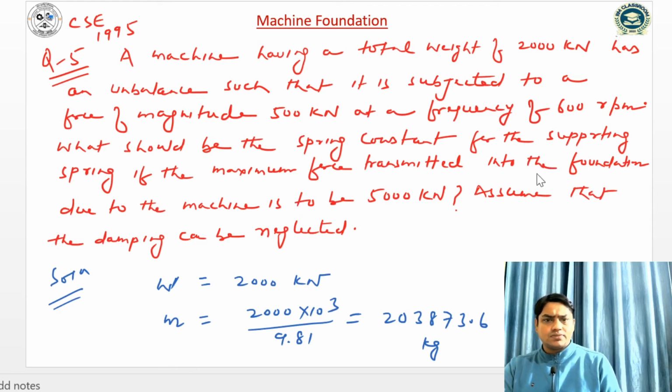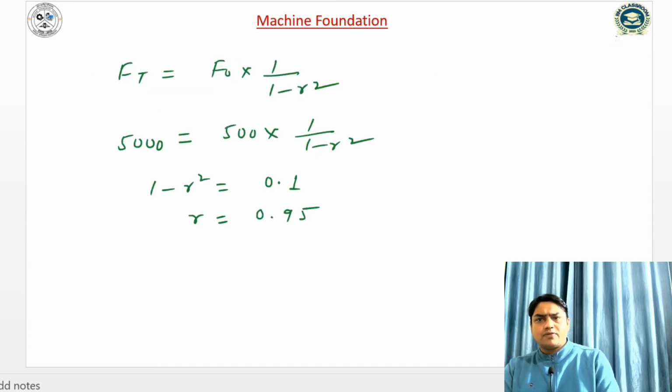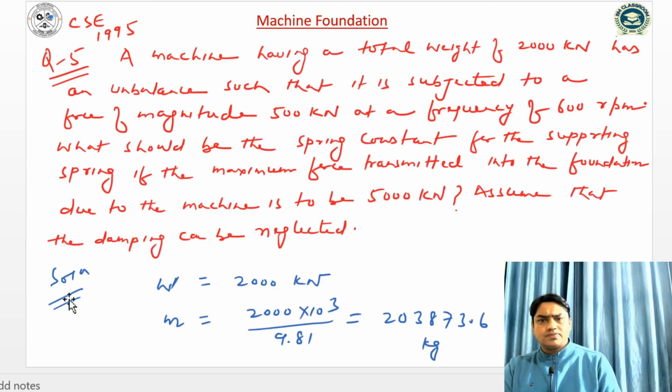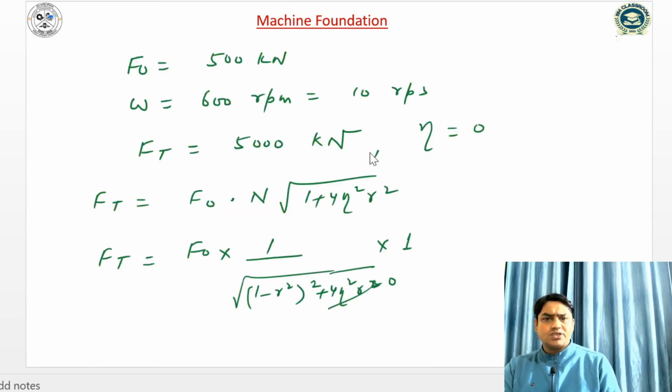So we have to find the spring constant for the supporting spring. We know the value of R is equal to omega by omega n, because omega we have already computed, that is 10.